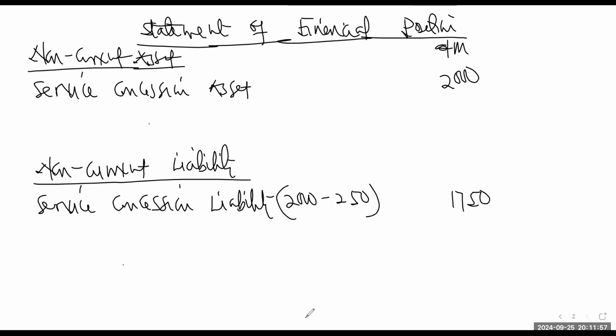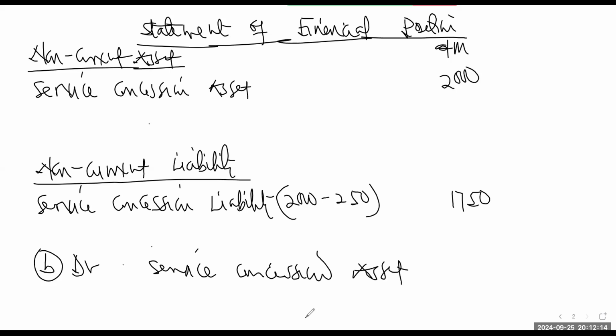Let's break that. Let's have the B over here. So we debit service concession assets of 980 million. Then we credit the cash obligation.